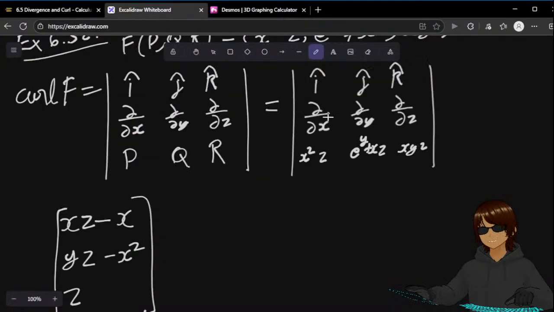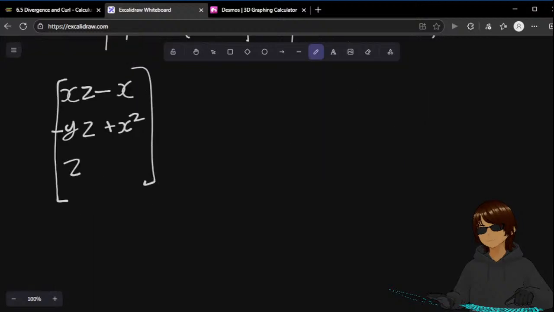For the main one, I have, so for j, we have this with respect to this. Get y, z, this is c. y, z minus x squared. But yeah, I forget the middle one turns negative.